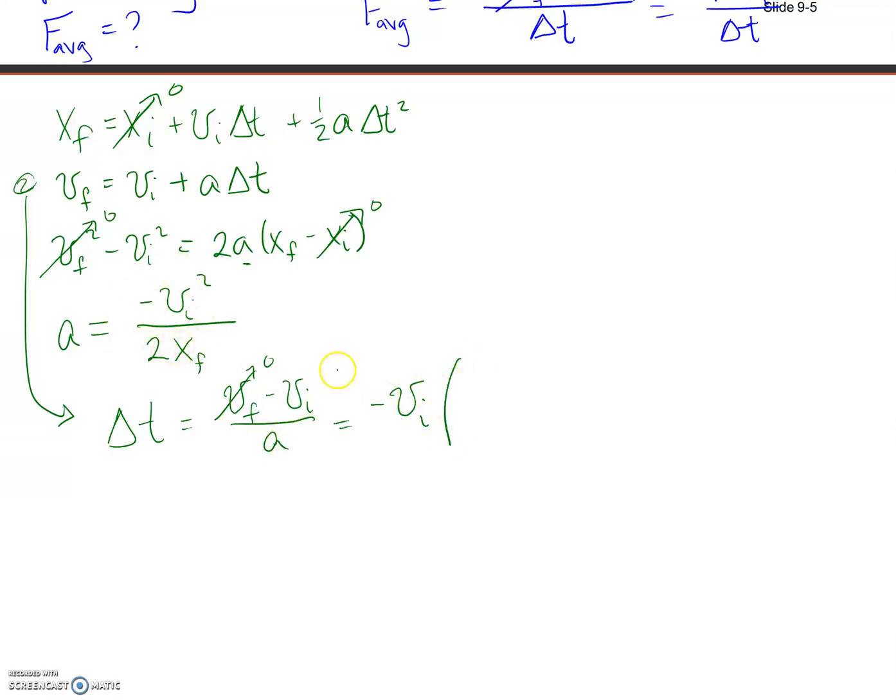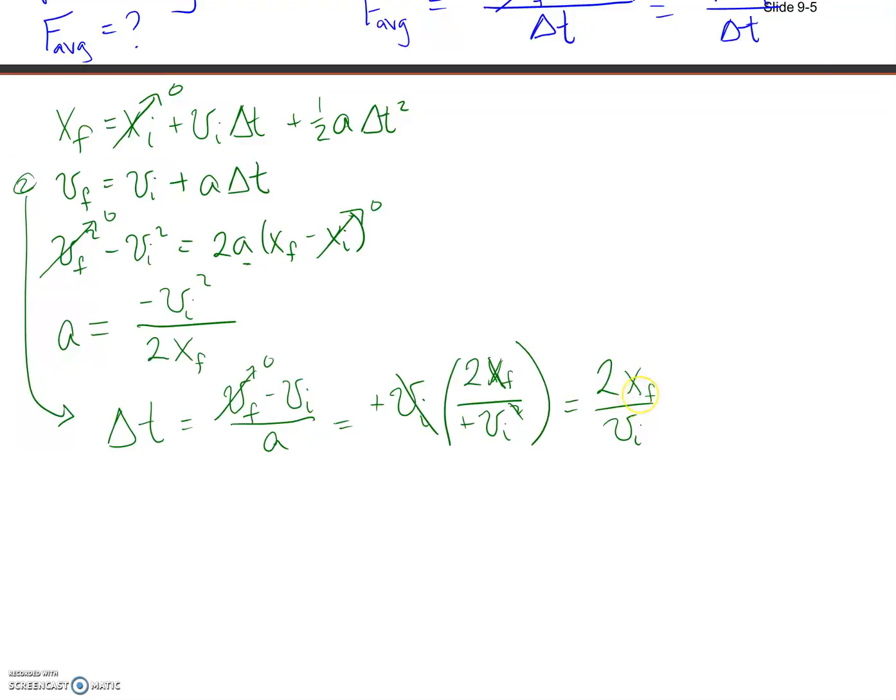I'm going to flip this and plug it in here. That's 2 x final divided by negative v initial squared. Let's cancel one of these v initials. The minus turns into a plus, and I end up with 2 times x final over v initial.